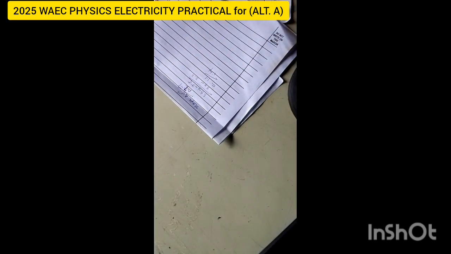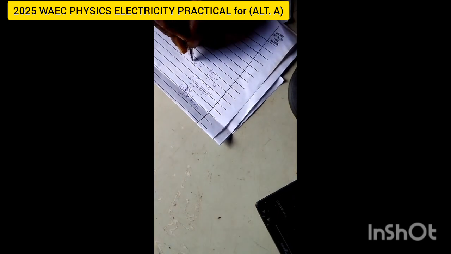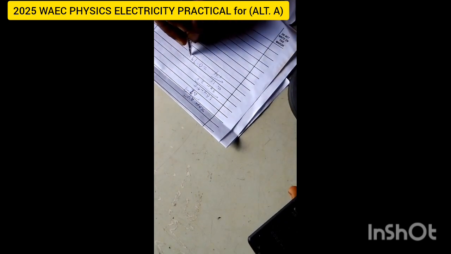Now, 1.1 divided by 1.4 will give us 0.79. 0.79. Remember, the first one is per volt all over per ampere.